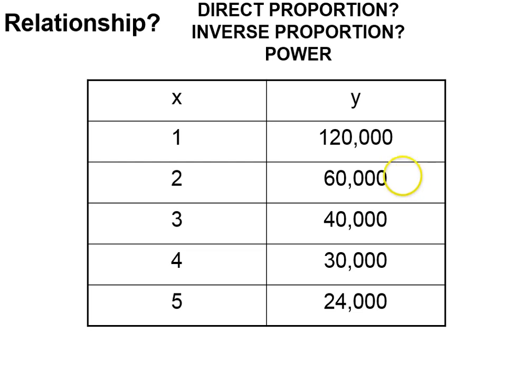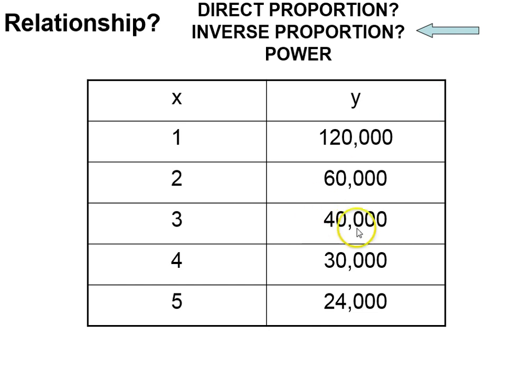But then, in the next step, it decreases by a lesser amount, only by 20,000. Going from 40,000 to 30,000, y is only decreased by 10,000. And so y is decreasing by smaller and smaller amounts. And that's an indication that what we're seeing here is an inverse proportion.